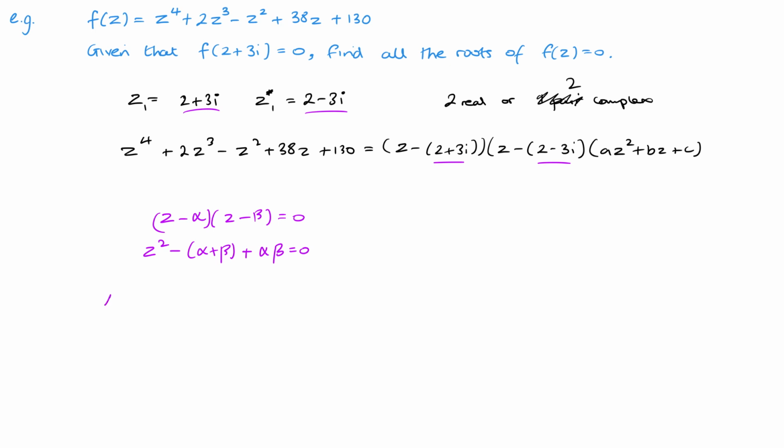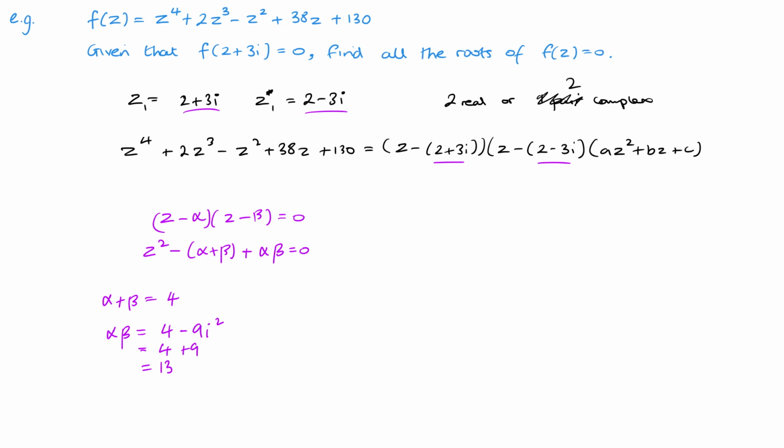Alpha plus beta is going to be 4, and alpha times beta is going to be 4 minus 9i squared. Obviously it's like the difference of 2 squares when you're multiplying these, isn't it? So this will be 4 plus 9, which is 13, and that is really quick to do.